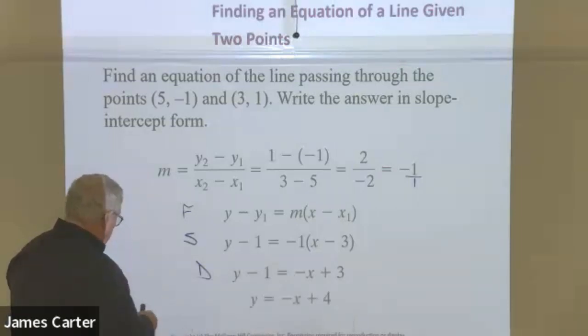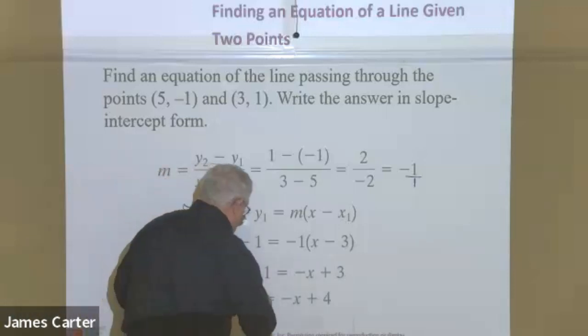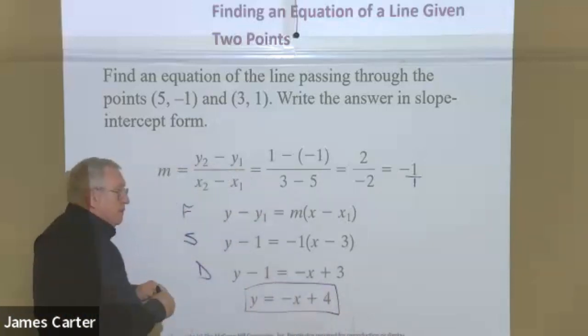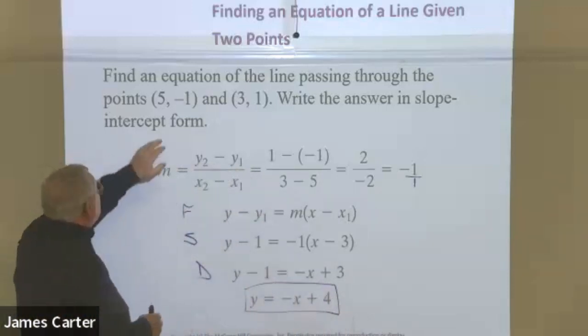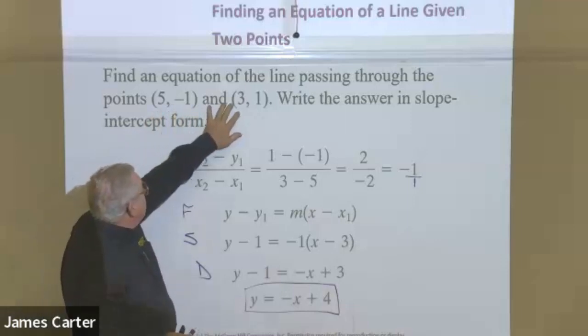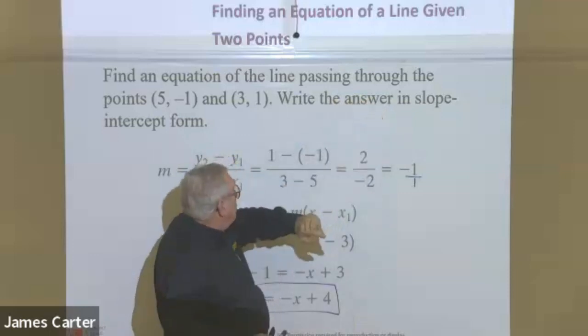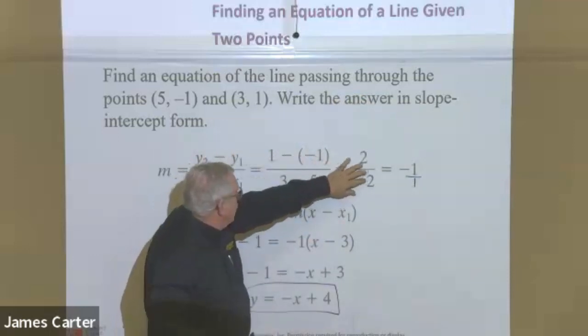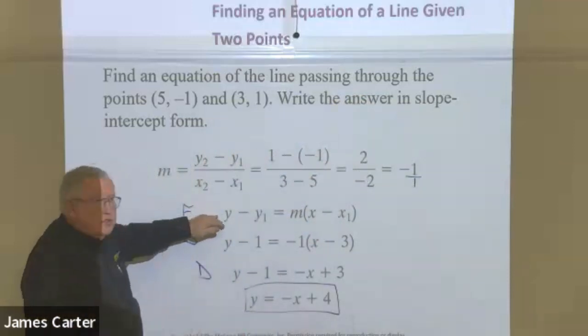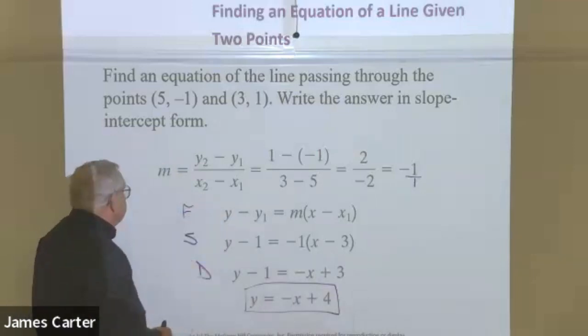So there is our answer. So if they just give you 2 points and they tell you to find the equation of the line, then first you have to find the slope, then you have to use the point slope formula.